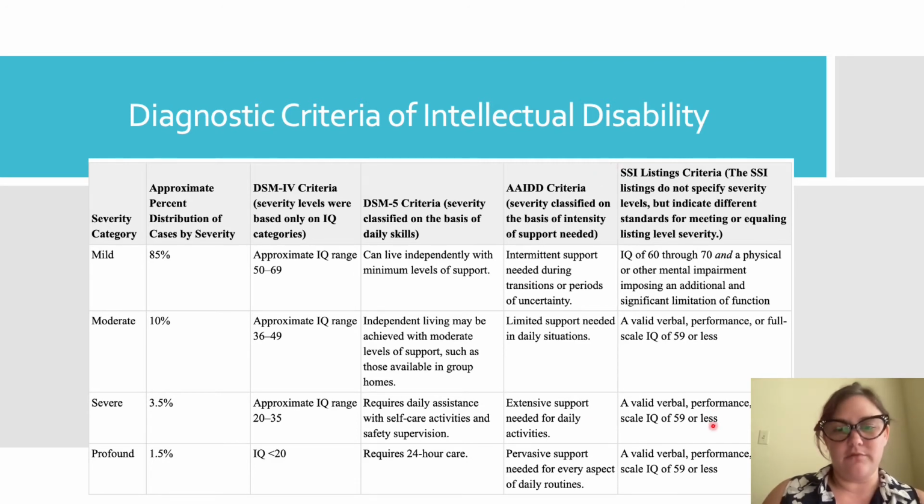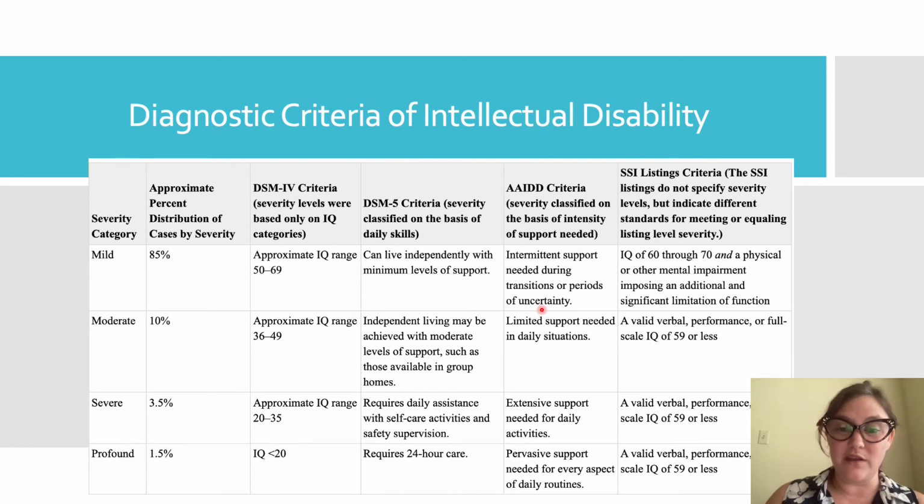The last two columns here refer to the American Association of Intellectual and Developmental Disabilities criteria. Like I mentioned in an earlier slide, they have a publication that's in its 12th edition on the definition of intellectual disability. And they also define severity categories based on levels of support.